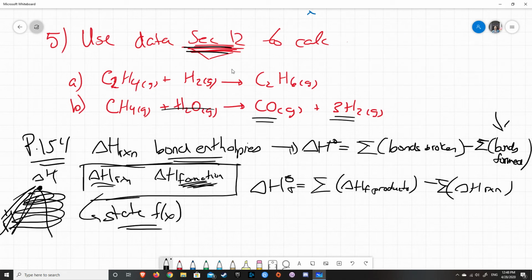Let me just erase this. If it takes more energy to form the products than it takes to form the reactants, it means this reaction is endothermic. If it takes less energy to form the products than it does to form the reactants, then it's exothermic.